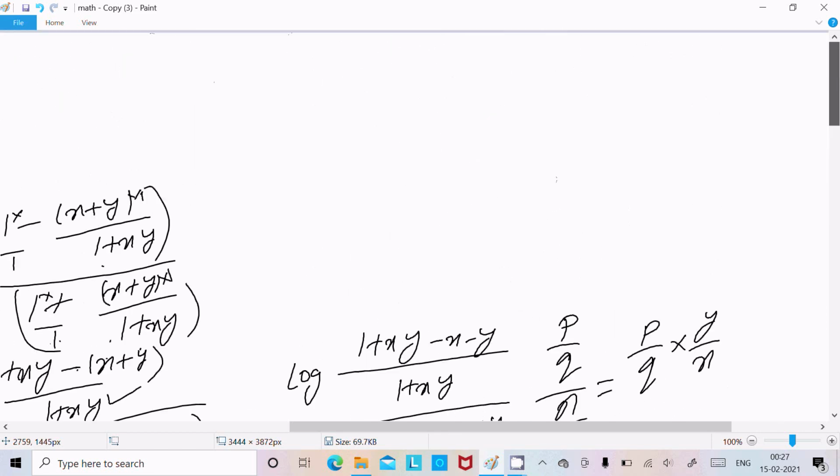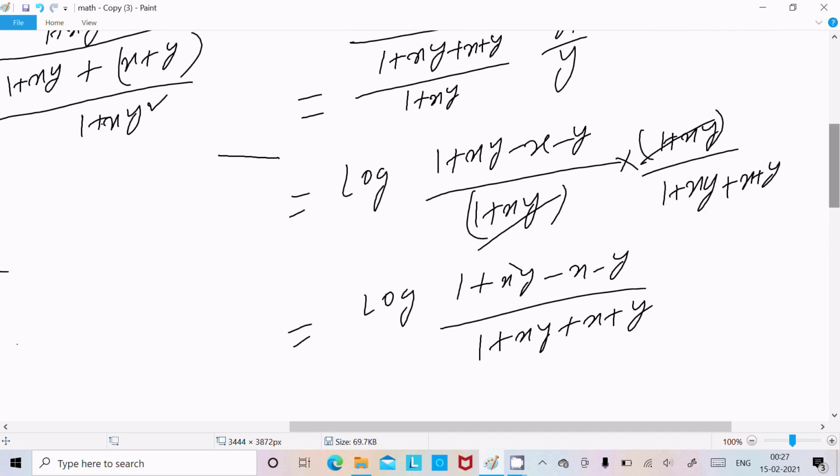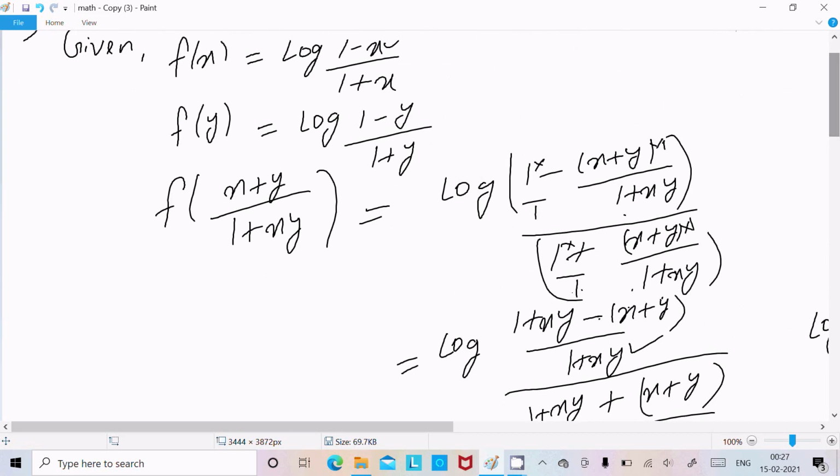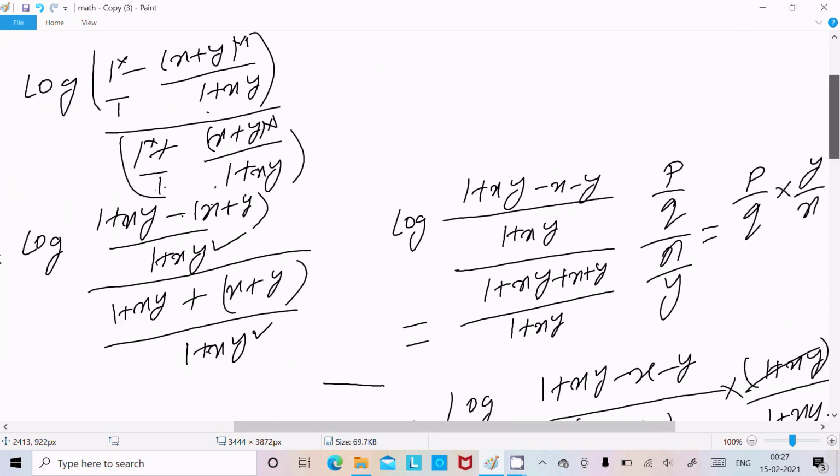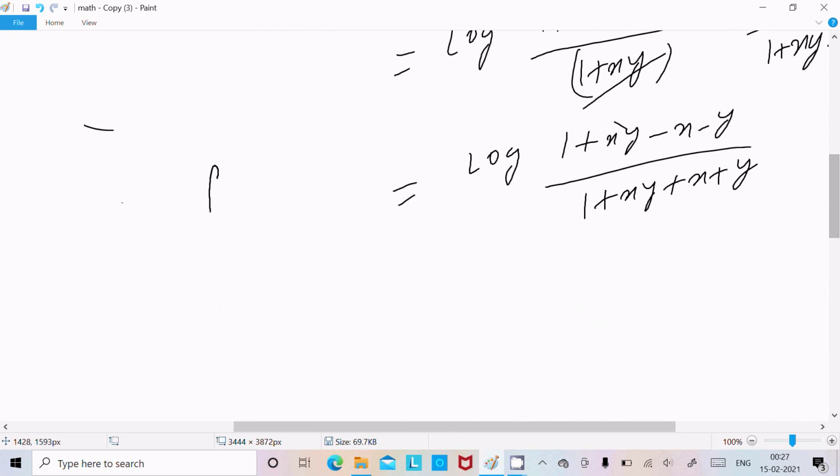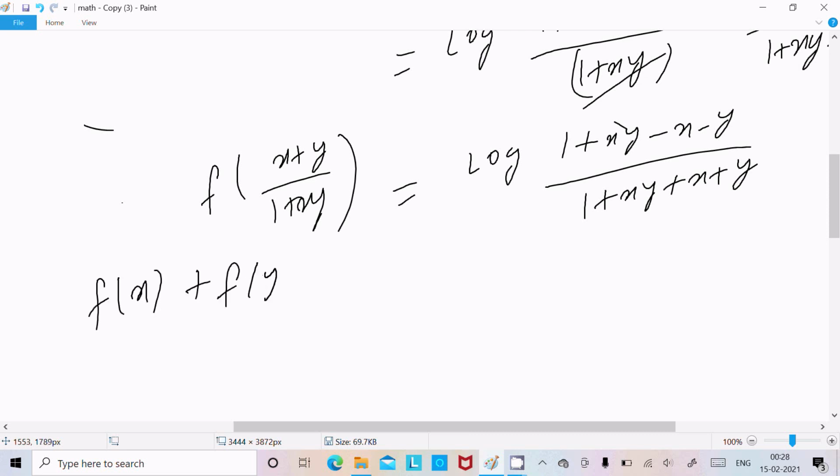So this is the value of f((x + y)/(1 + xy)). Now the f(x) + f(y) value that I'm going to calculate.